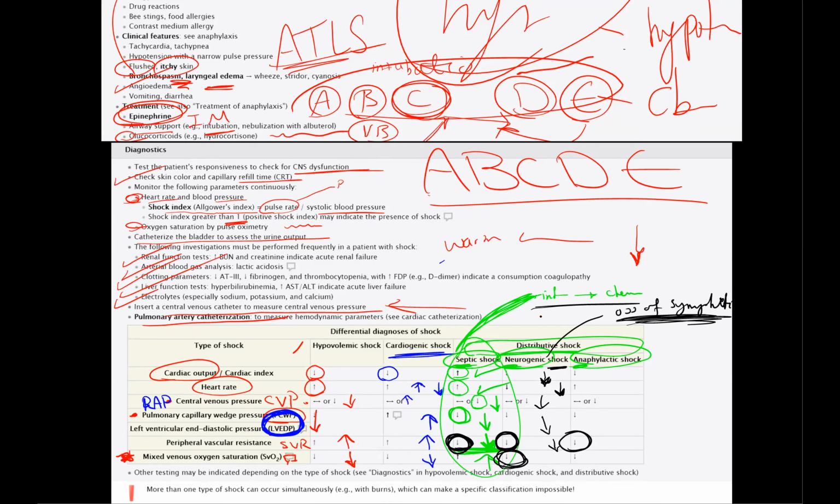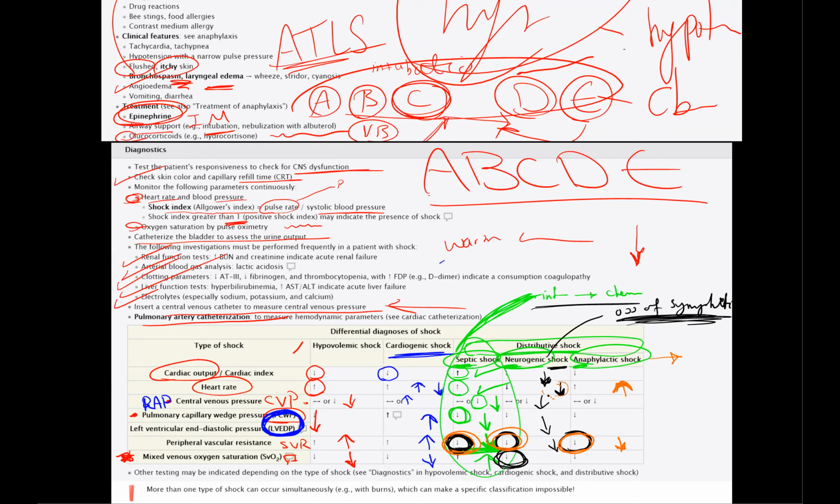We will have in anaphylactic shock hypersensitivity, or a hyper-responsive body towards an allergen, like bee or nut allergy. You will have pooling of blood, the same as septic shock and neurogenic shock, because of vasodilation. So you will have also reflex tachycardia. Here it is reflex tachycardia.